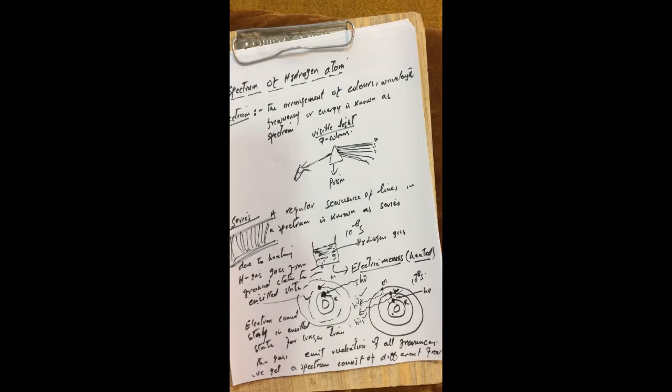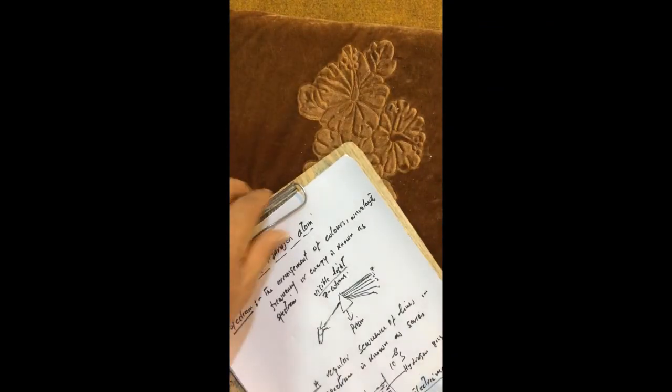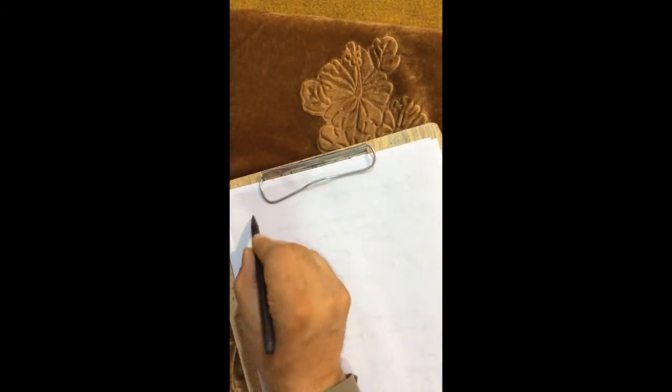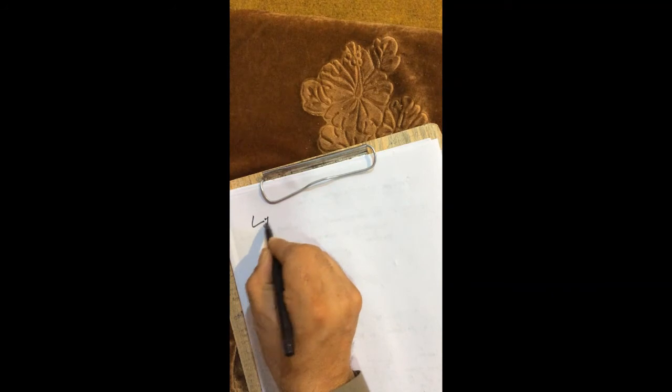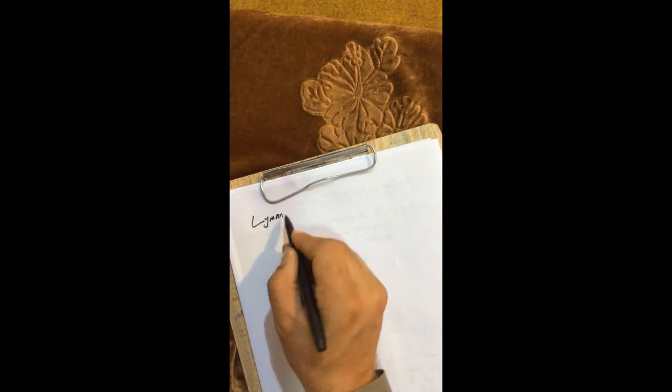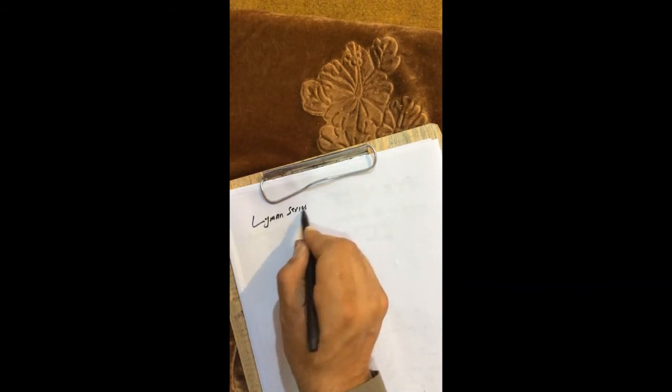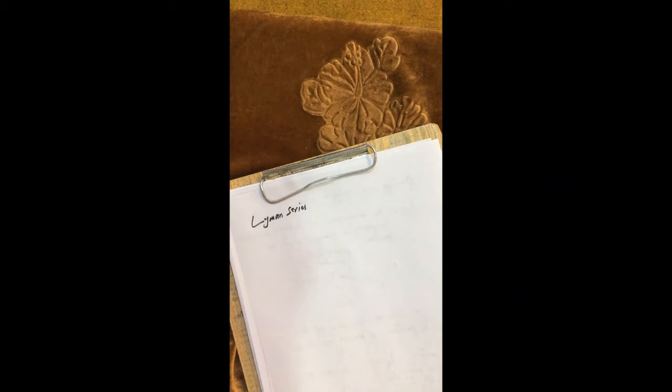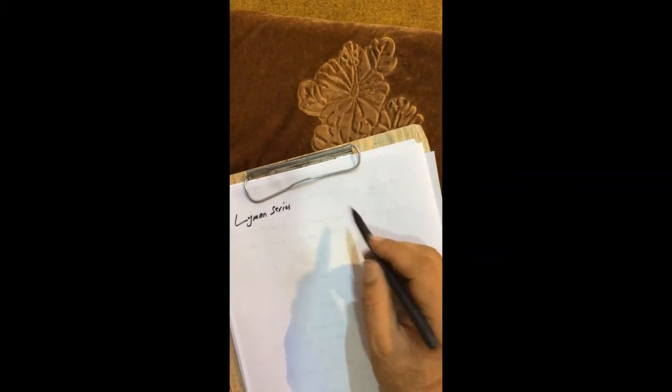There are basically 5 series in the spectrum of hydrogen atoms, and we have different names for each series. The first name that comes to mind is the Lyman series. Basically, we draw the energy bands in the atom like this.